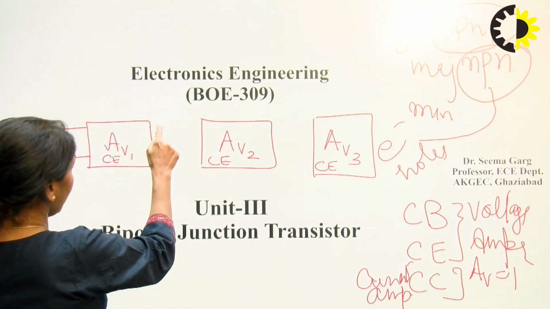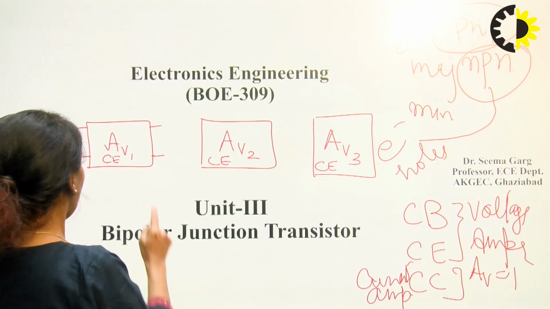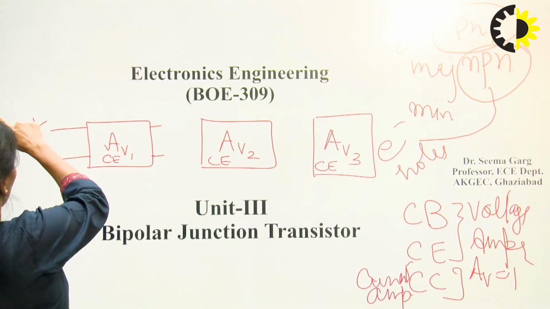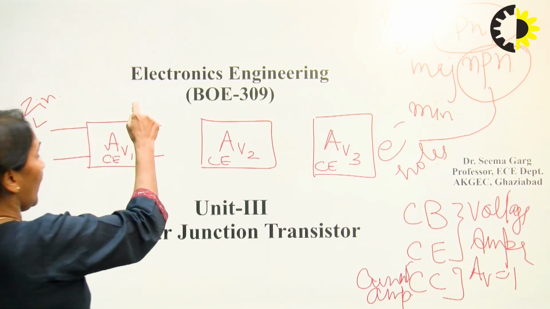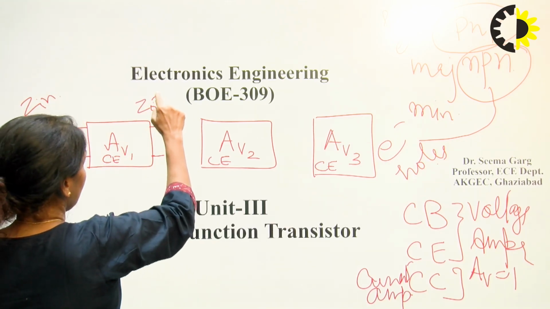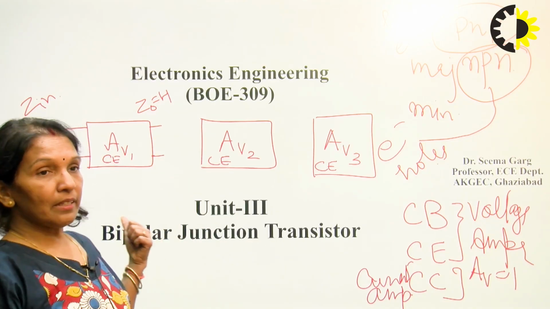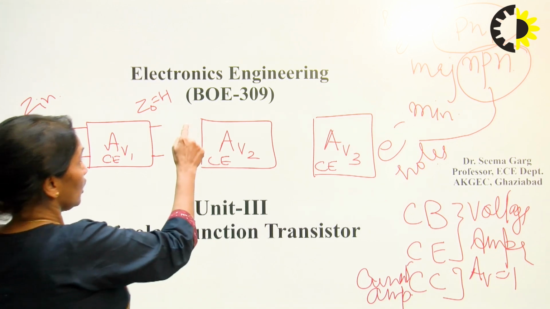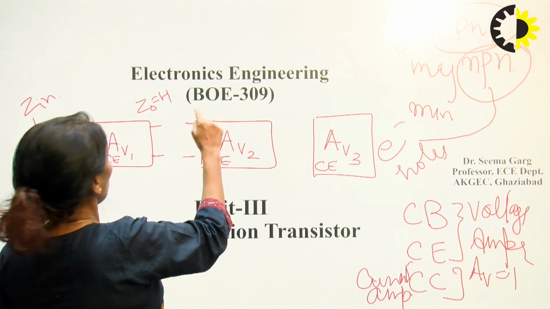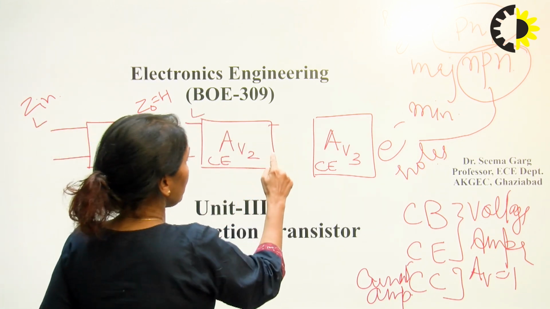We know that in case of a common emitter amplifier, the input impedance is low and the output impedance is high. Why? Because the emitter base junction is forward bias and the collector base junction is reverse bias. So the next stage again has low input impedance and high output impedance, and so on.